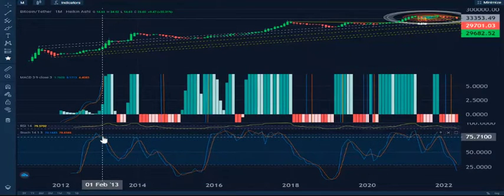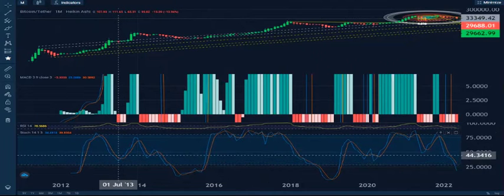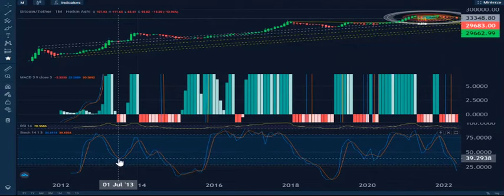Now, up here where this crosses over and the fast line moves down below the slow moving indicator, this is called a death cross. And this indicates that there is some overheating and to be wary that we're going to see a possible downtrend. And the downtrend was told by our indicator here.